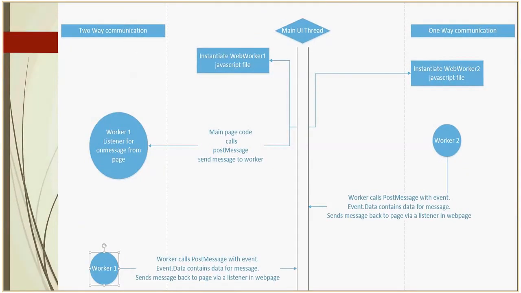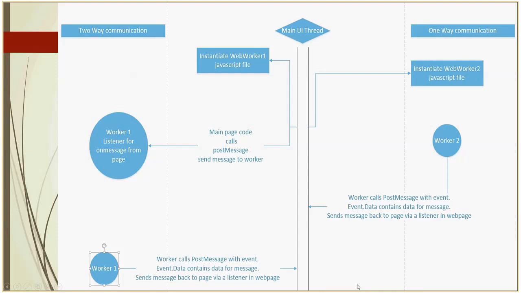So let's see the communication between web worker and the main UI thread. So in this case, your main UI thread starts executing, and as required, it will instantiate a web worker JavaScript file. And then after a certain point, if you are looking at the left hand side of it, we'll talk about the two-way communication.